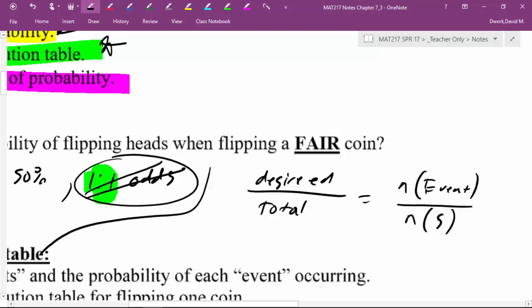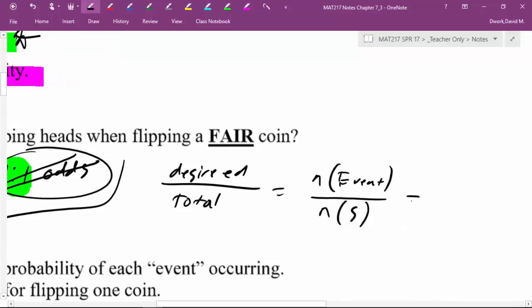Just what is the total number of possibilities, and then what is the total number of ones that would make me win the game? That's probability. So if I'm talking about flipping a heads, there's one way on a coin for me to flip a heads, because it either has heads or it has tails. If I say I'm going to win the game by flipping heads, there's one outcome that will make me win the game out of a total of 2 possible outcomes.